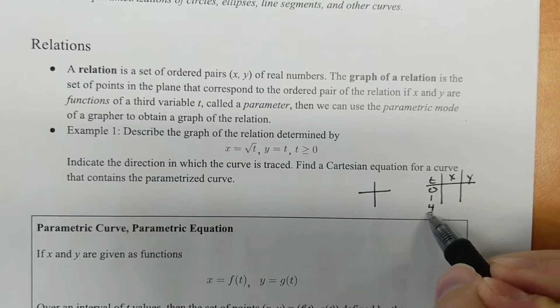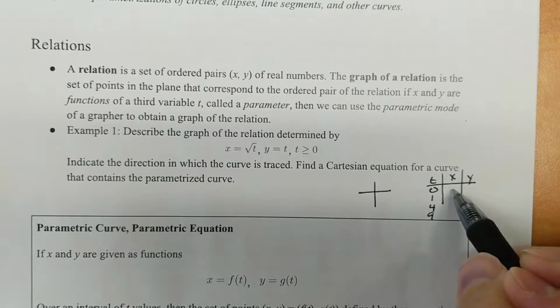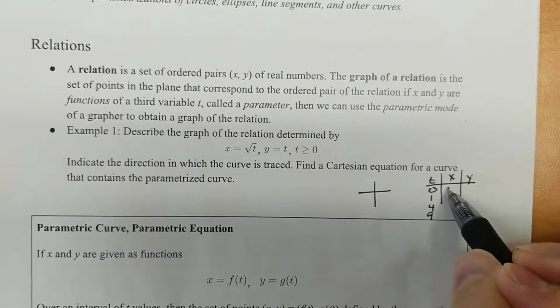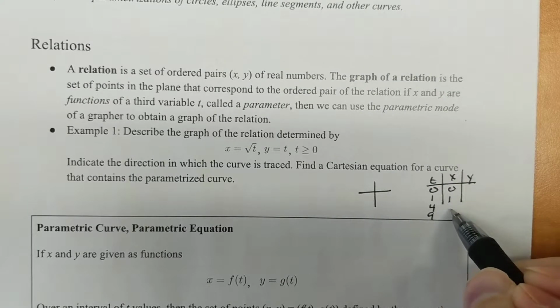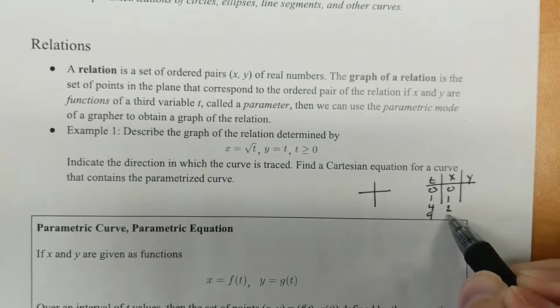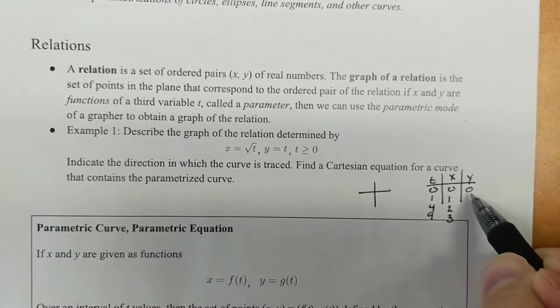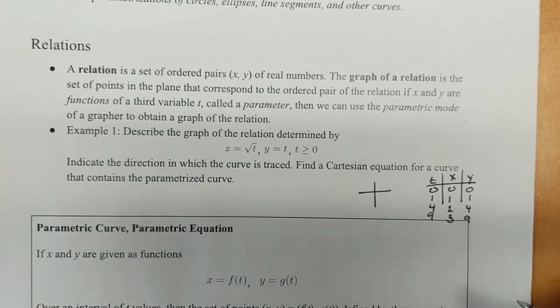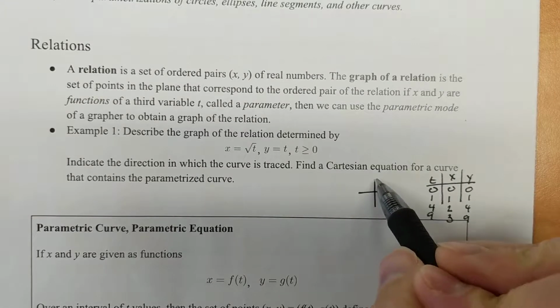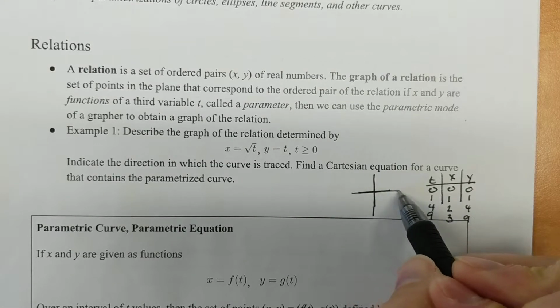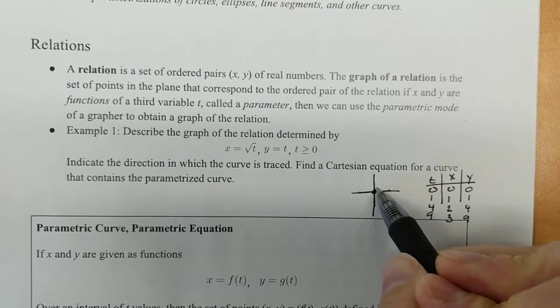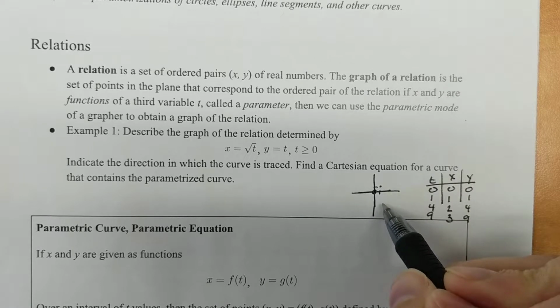So we'll do 0, 1, 4, 9, because x then is going to be the square root of t, which is 0, the square root of 1, which is 1, the square root of 4, which is 2, the square root of 9, which is 3. Then this column is actually just the same values because y is t. So 0, 0, 1, 1.